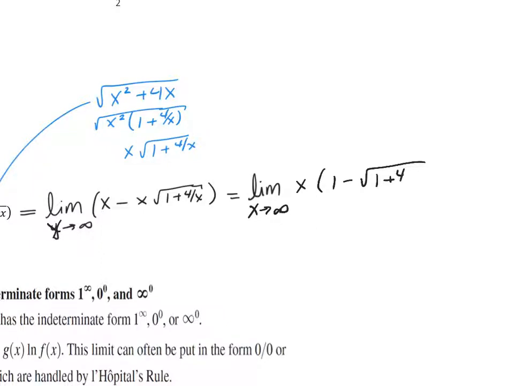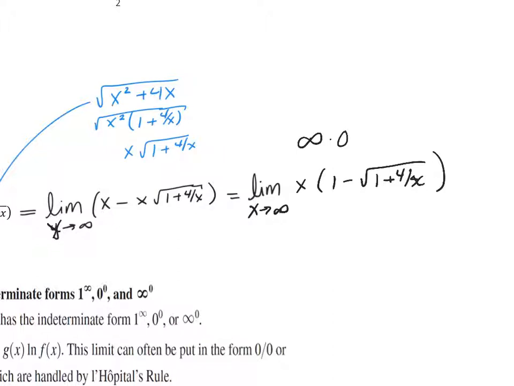Okay, right now what I have is an infinity multiplied by, actually it's not even infinity, it's multiplied by 0. But what I want is 0 over 0 or infinity over infinity.